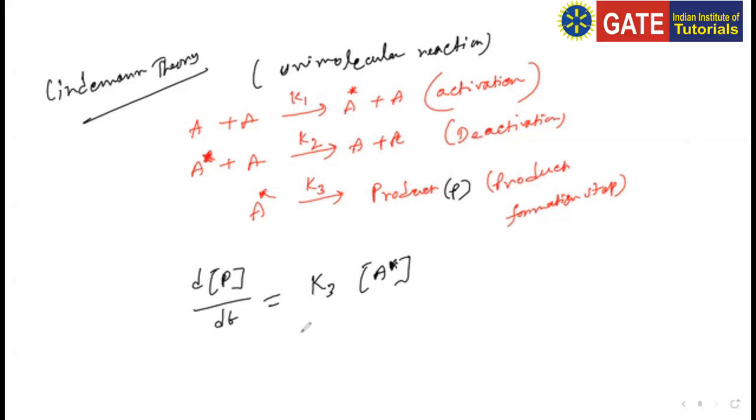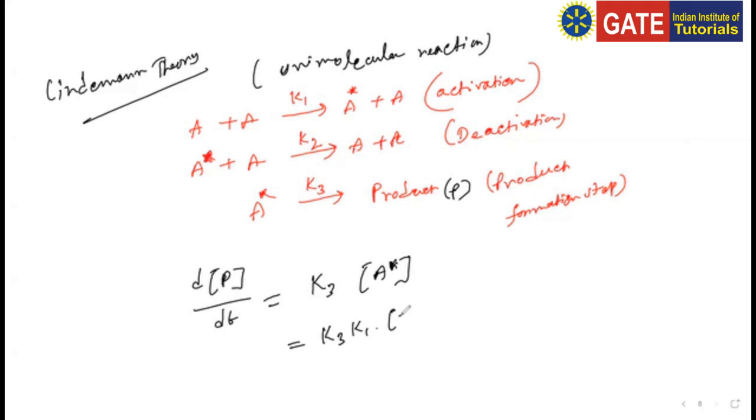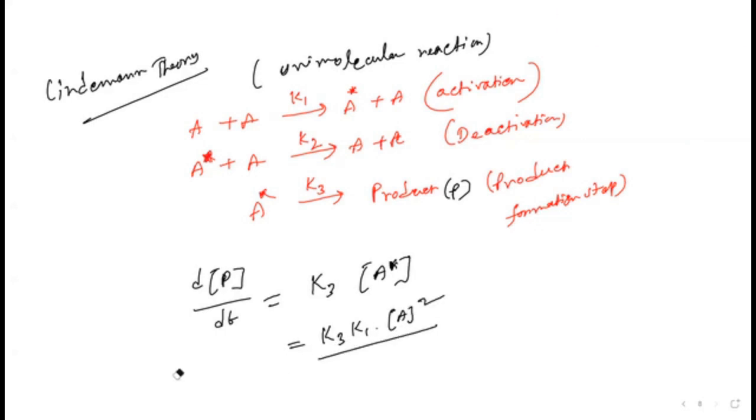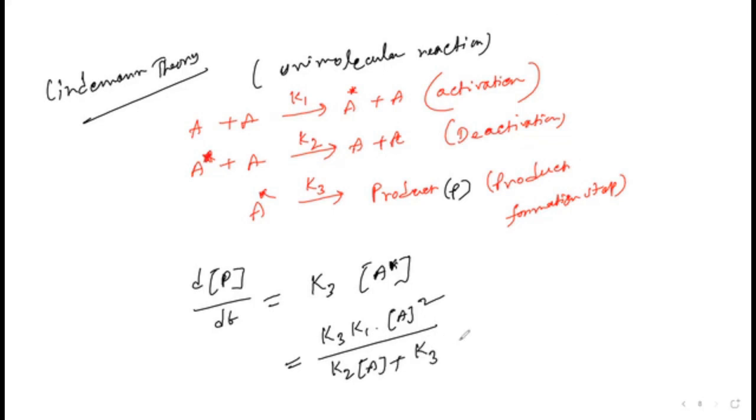If you put it, it will come as, I'm telling you directly, writing K3 K1 A square divided by K2A plus K3. I'm not showing the steps. I'm directly going there. Steps are not required for you all. This is your final equation.